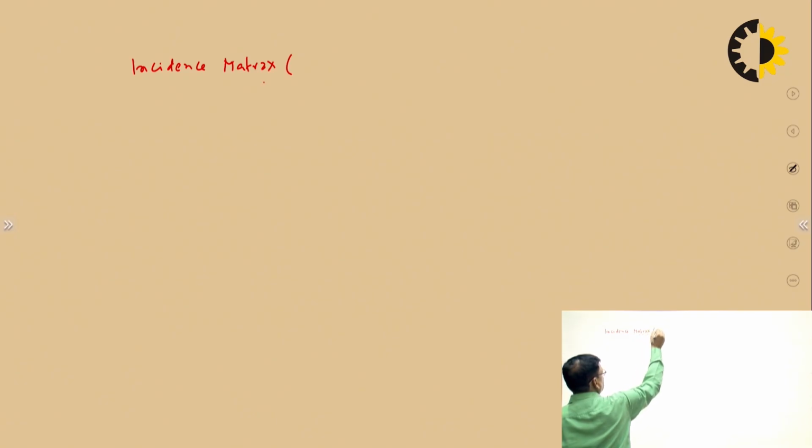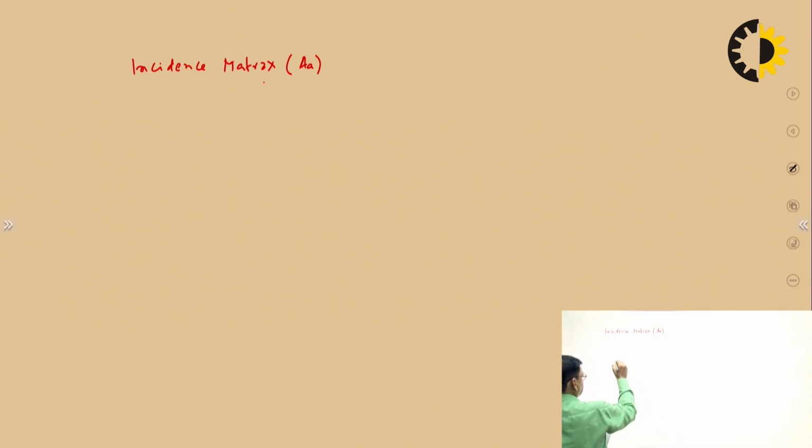So the incidence matrix, say this matrix is A_A. A_A means it includes all the nodes.